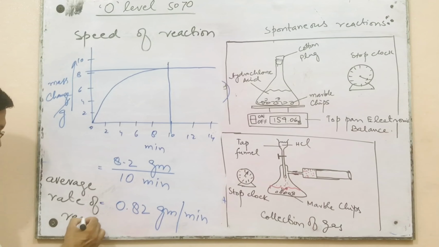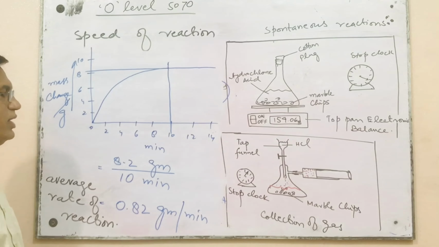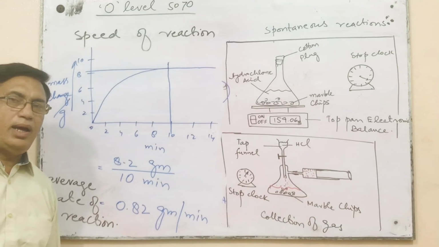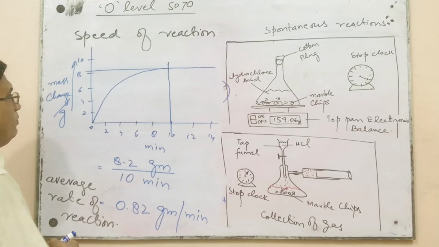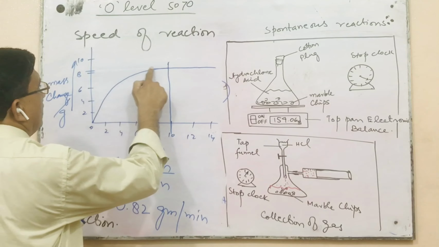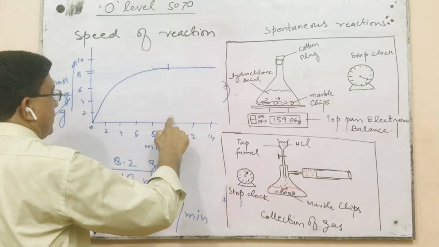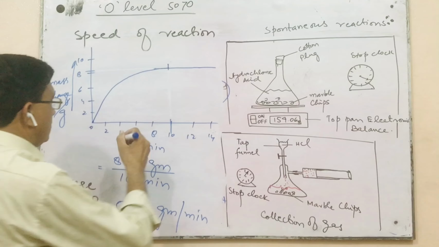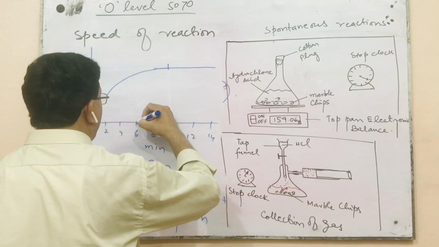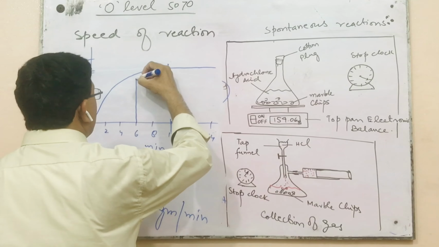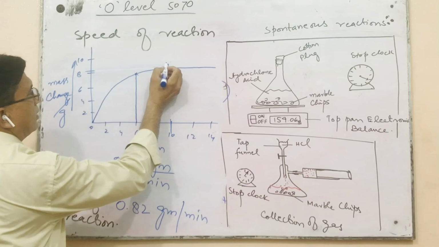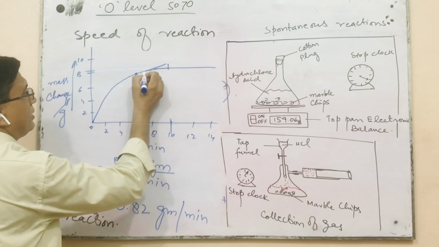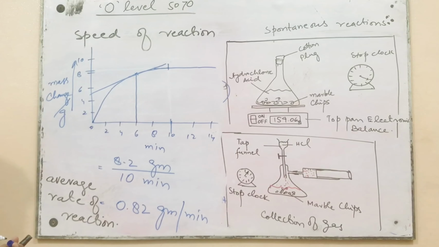But if we want to calculate the instantaneous rate of reaction at any particular time, then what will we do? Then we will draw a perpendicular from that time interval to the curve and then draw a tangent at this point.